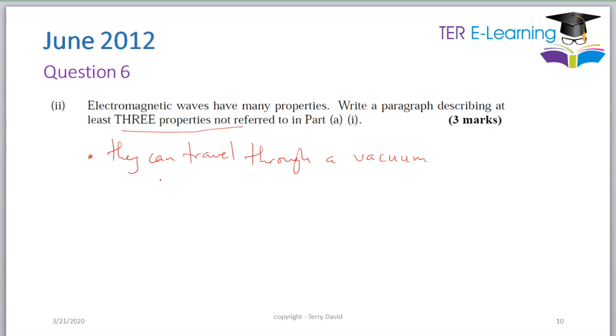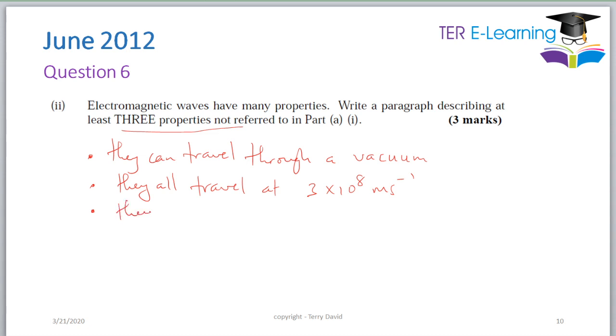Because we have light waves coming from the sun to the earth, and there's a vacuum between us and the earth. So they can travel through a vacuum. They all travel at the same speed, which is 3 by 10 to the 8 meters per second, right?